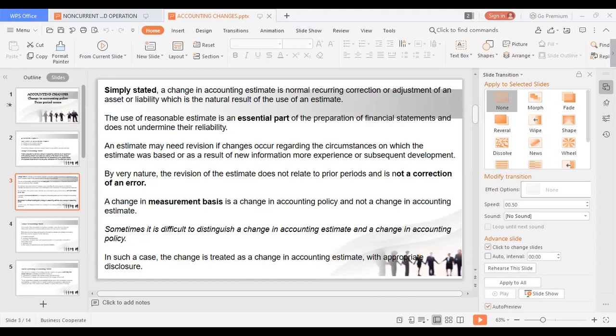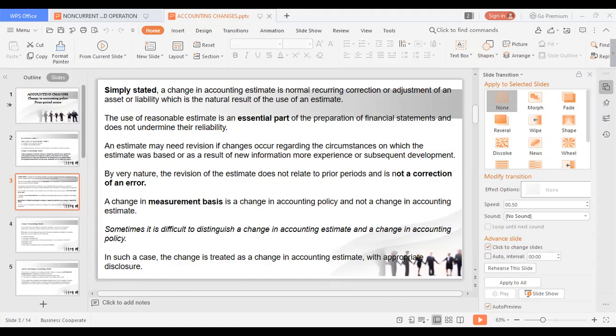Okay, so we have now problem 8-12, the last problem here. We have January 1, 2020, Canyon Company decided to decrease the estimated useful life of the patent from 10 years to 8 years.